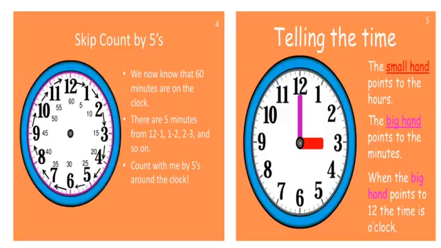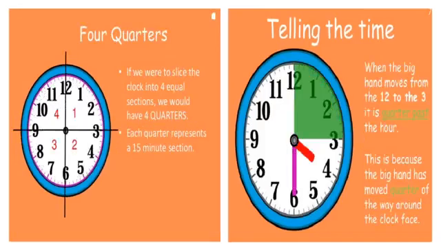In this clock you see there are 2 hands, the big hand and the small hand. The small hand points to the hours and the big hand points to the minutes. When the big hand points to 12, the time is 12 o'clock. Now in this slide you see this clock is divided into 4 parts, that is 4 quarters, and each quarter represents a 15-minute section.